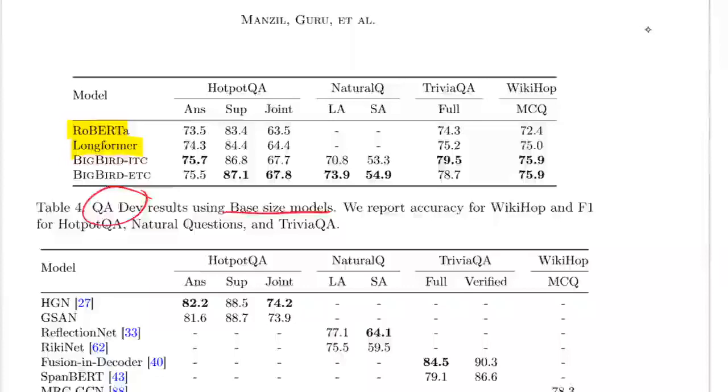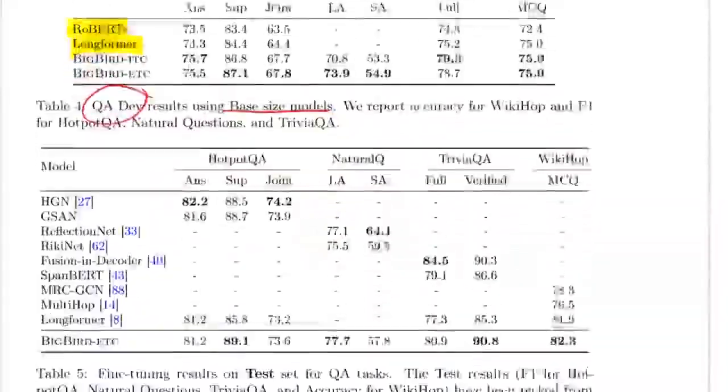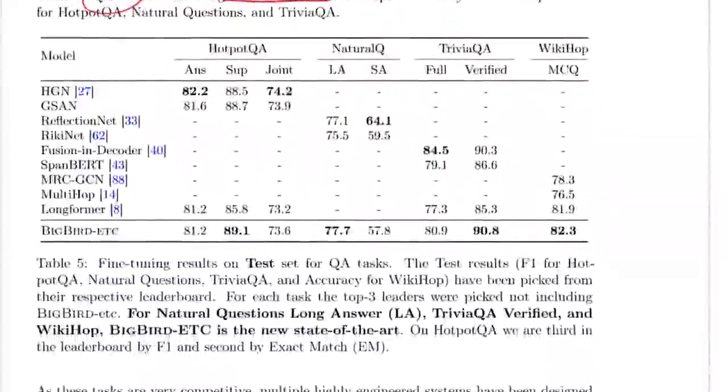At least I'm not really looking at whether they outperform the models, because as you can see right here, if they compare to state of the art, and granted these are models that have been trained specifically for these tasks and are crafted and engineered, Big Bird manages to hold itself against them in a lot of tasks and even get state of the art on some.